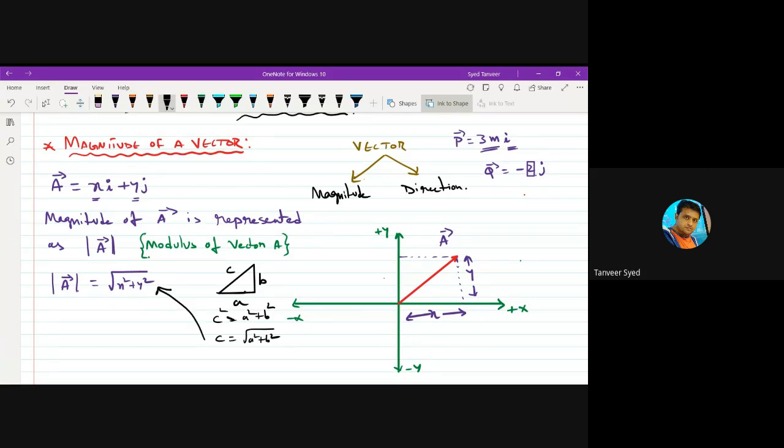In place of a you have x, in place of b you have y, and the hypotenuse c is the magnitude of vector A. So c is equal to root of x square plus y square, nothing but the magnitude of vector A.